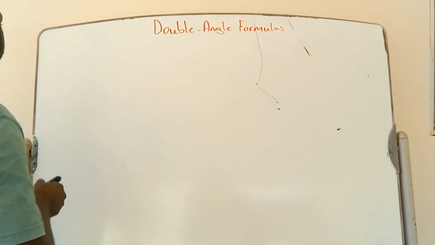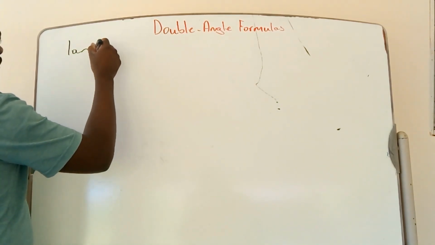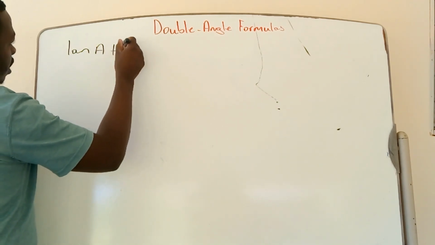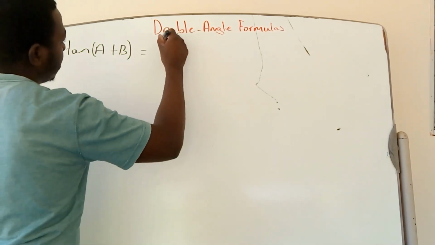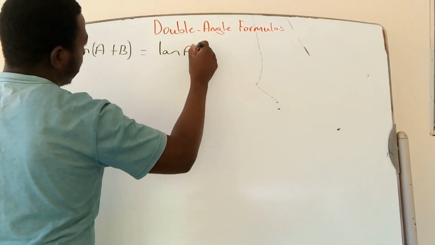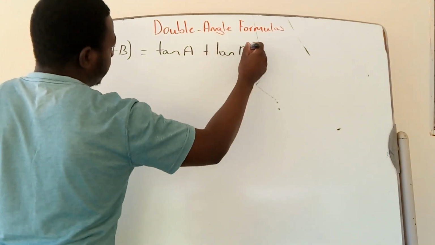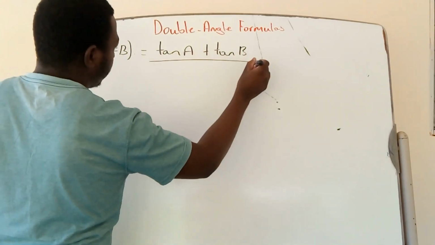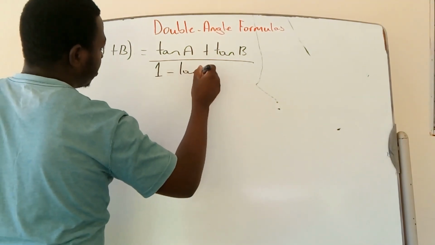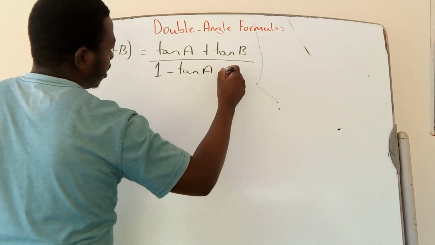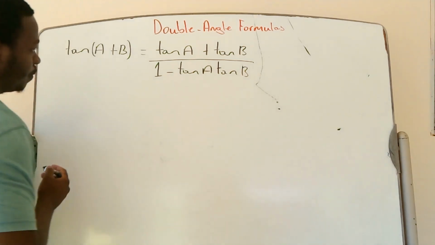So you would have known that if you have two angles, say, tan of A plus B, then this is actually equal to tan of A plus tangent of B all over 1 minus tan A tan B. That's what you know, right?